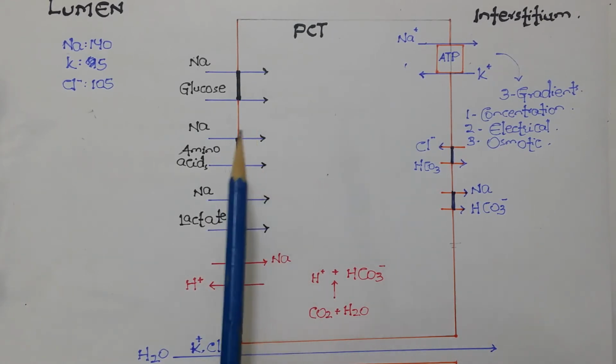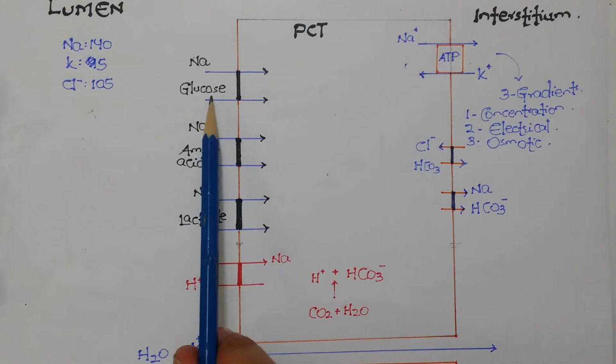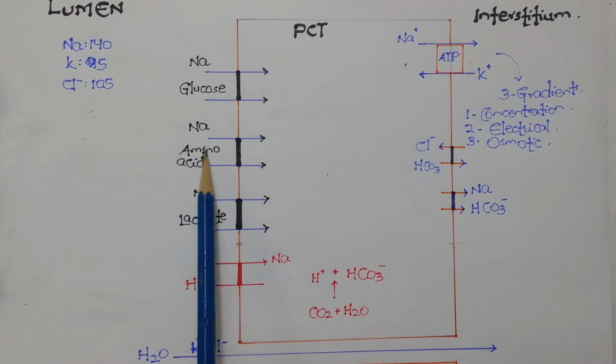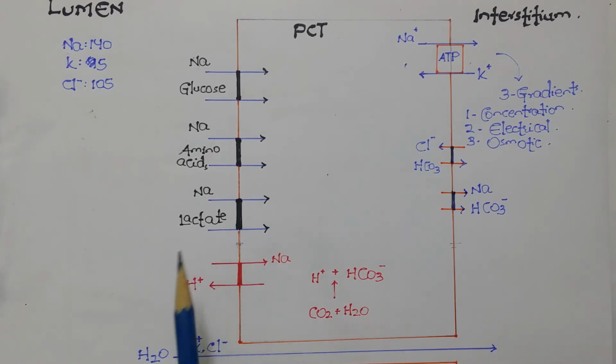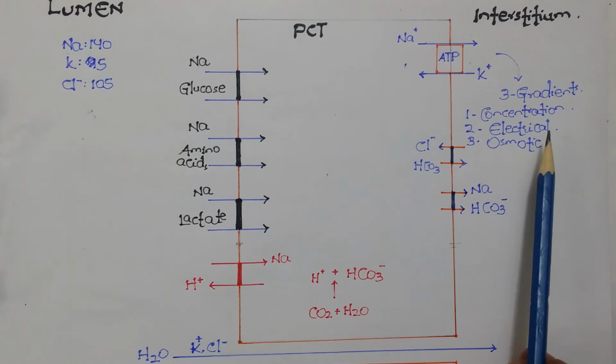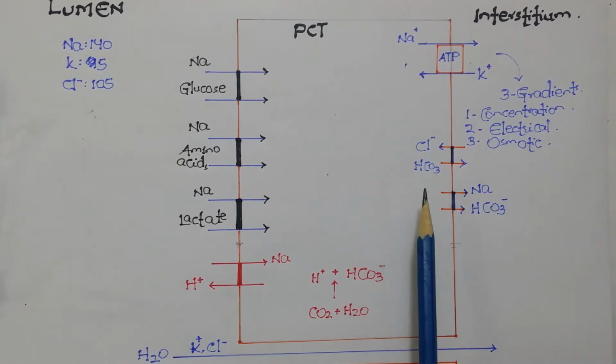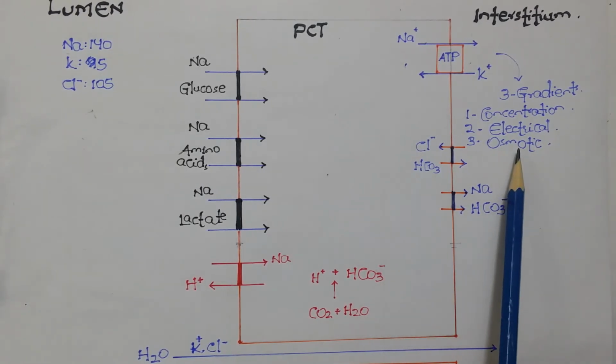And we have specific transporters for this purpose: the sodium glucose cotransporter, the sodium amino acids cotransporter, and the sodium lactate cotransporter. The second important gradient as a result of sodium reabsorption is the osmotic gradient.